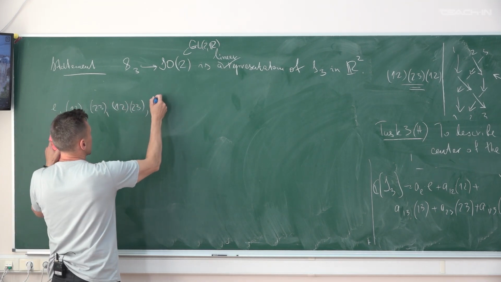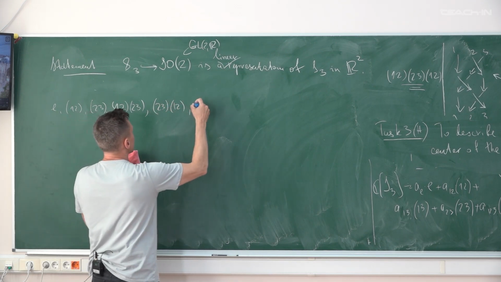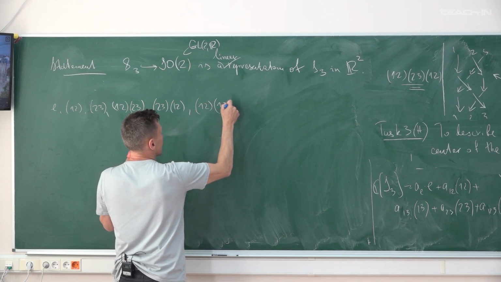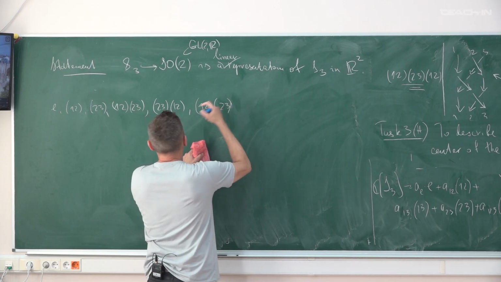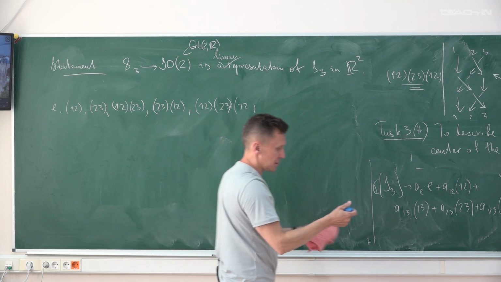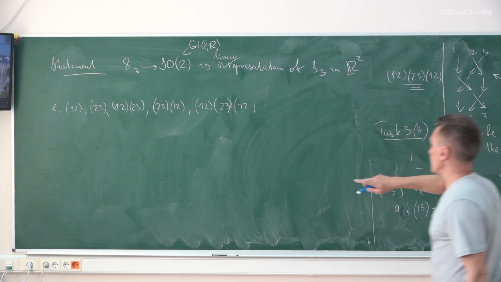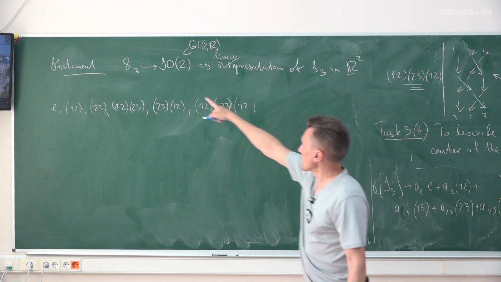It's one cycle, the inverse cycle, and this is also a transposition, but in terms of these two chosen transpositions, it's an element of length 3. So these are all elements of S3.